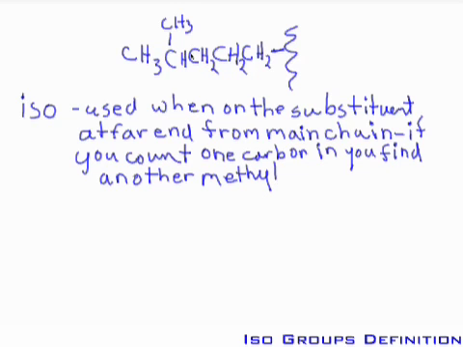Okay, I can do that. So here I go to far end of my substituent chain. There's carbon, count one carbon in. Count one carbon in, that gets me here. And I see another methyl, a single methyl off of there. This is an iso. Iso what? Well, I just count up the carbons. All of them. 1, 2, 3, 4, 5, 6. What's 6 carbons? 6 carbons would be a hexane. So this is a isohexyl.